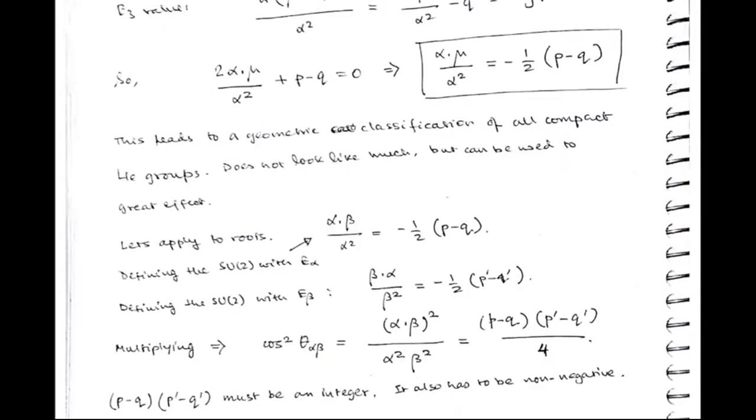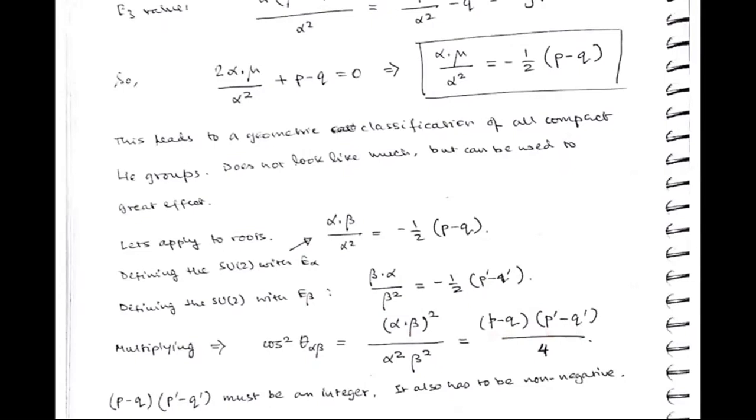So if you multiply these, the left hand side is going to be the cos squared of the angle between the two roots alpha and beta. This is just alpha dot beta the whole square divided by alpha squared beta squared. This is equal to p minus q into p prime minus q prime by 4.